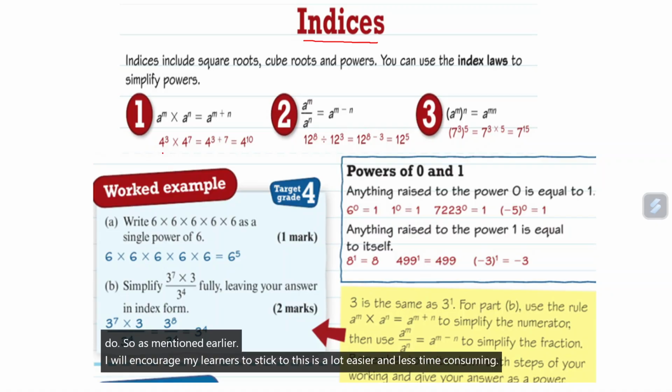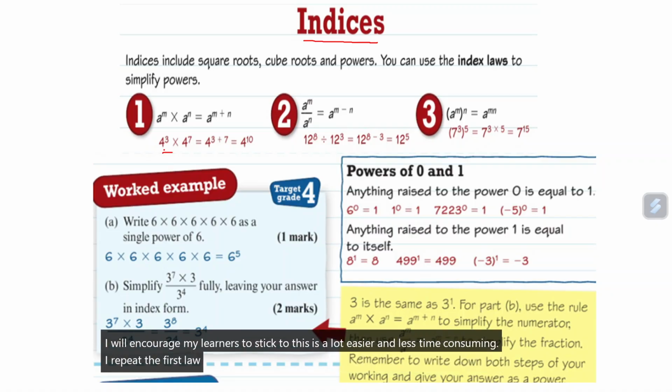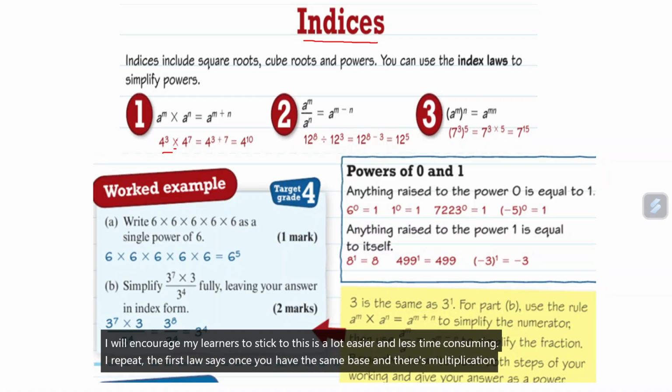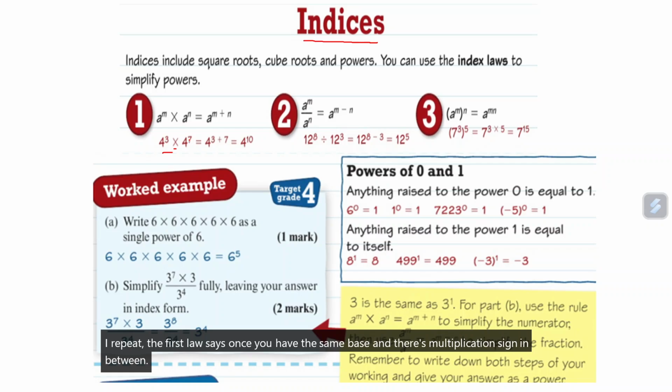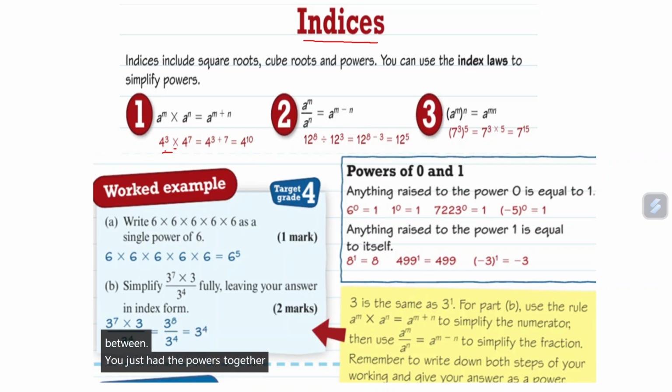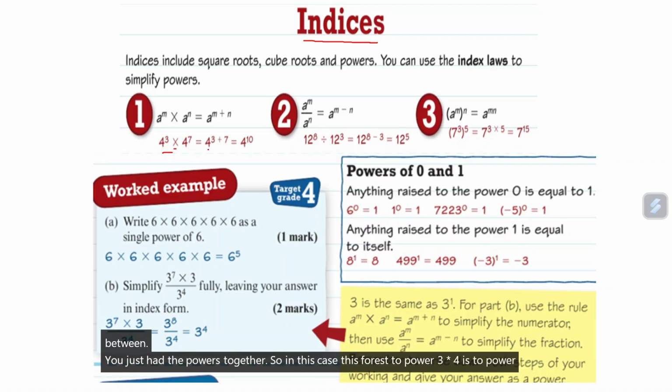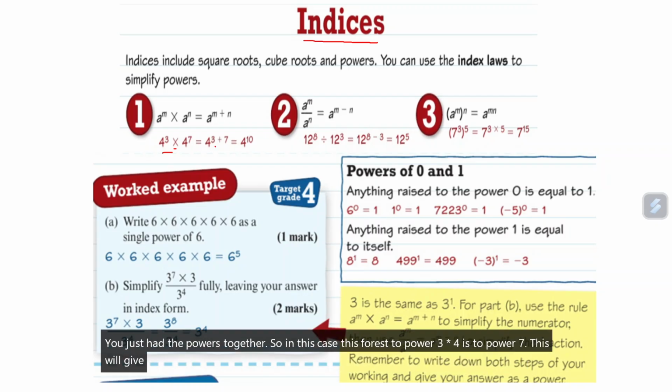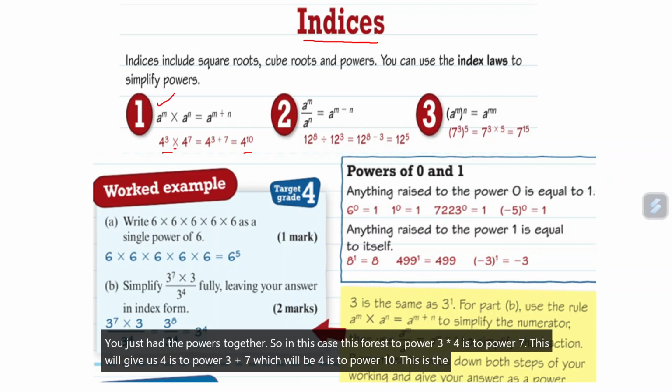I repeat, the first law says once you have the same base and there's a multiplication sign in between, you just add the powers together. So 4 raised to power 3 times 4 raised to power 7 will give us 4 raised to power 3 plus 7, which will be 4 raised to power 10. This is the first law of indices.